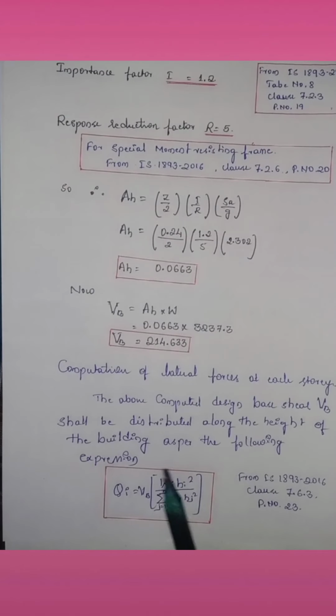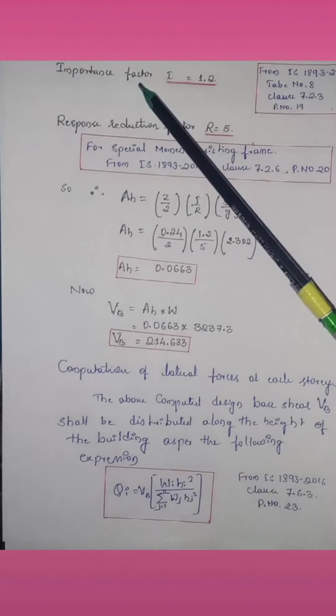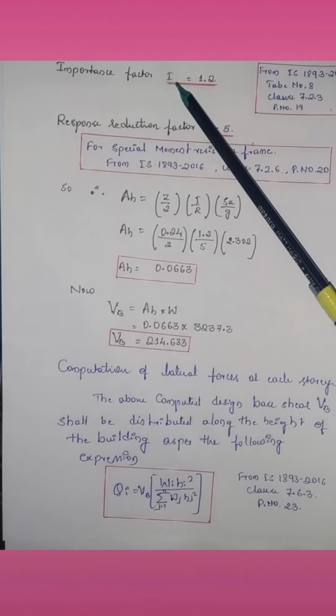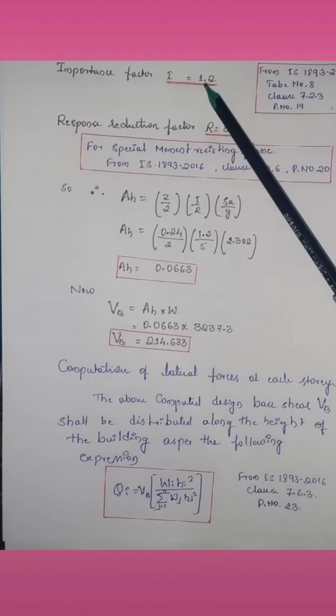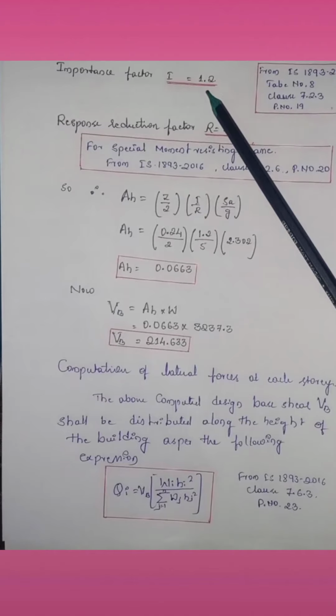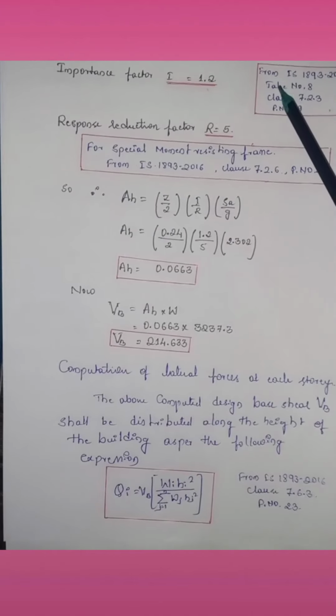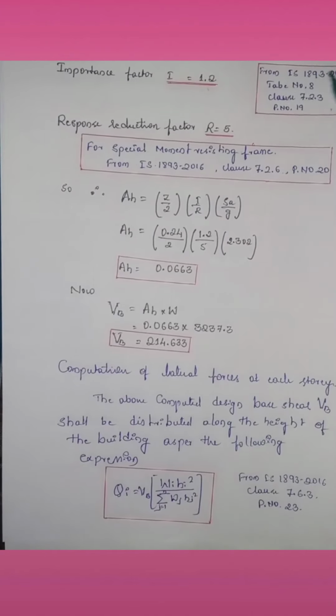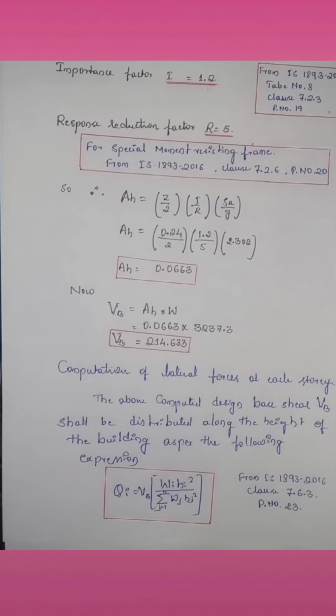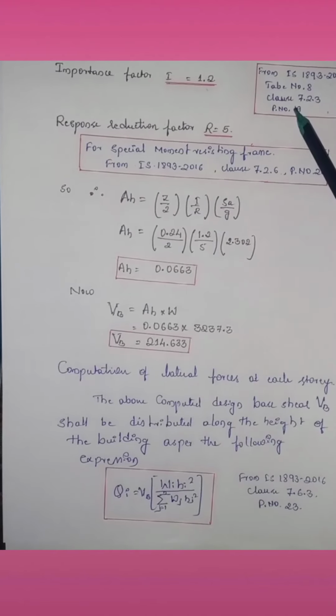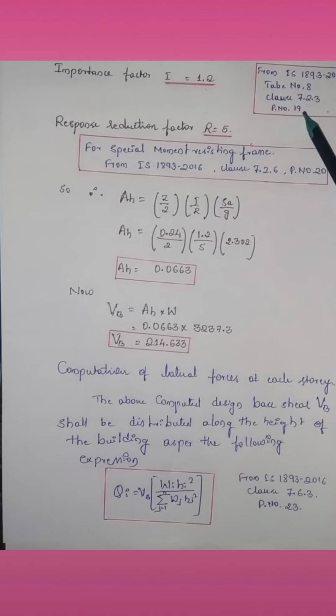Here you can see the importance factor I is equal to 1.2. How I have taken this 1.2: it is from IS 1893 2016, table number 8, clause 7.2.3, page number 19.